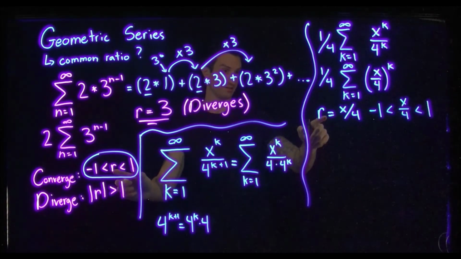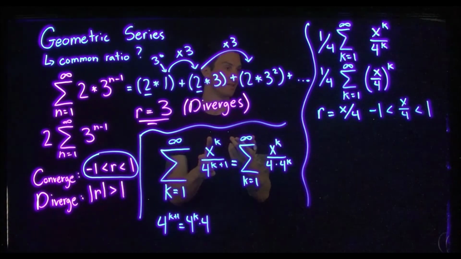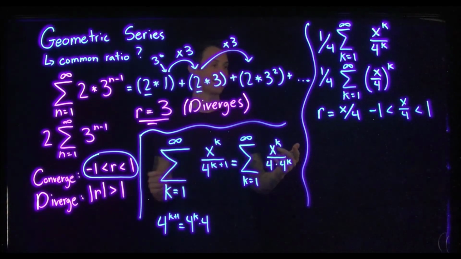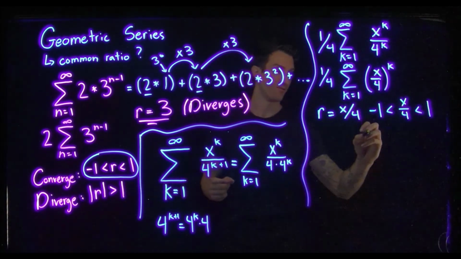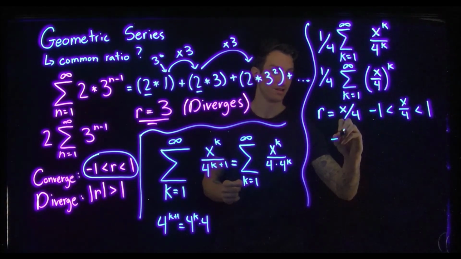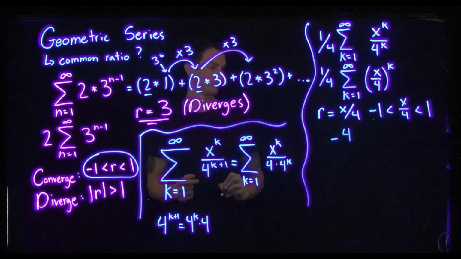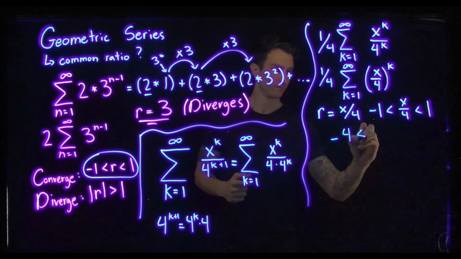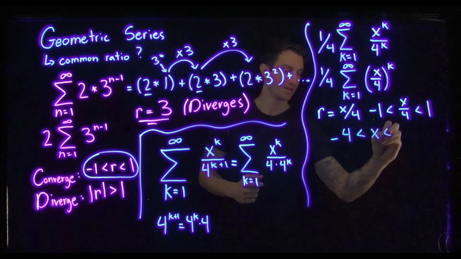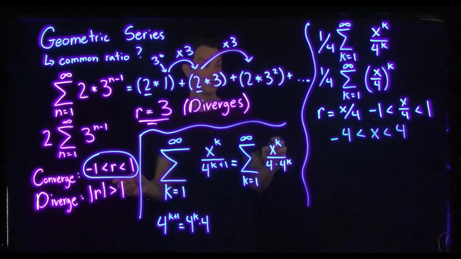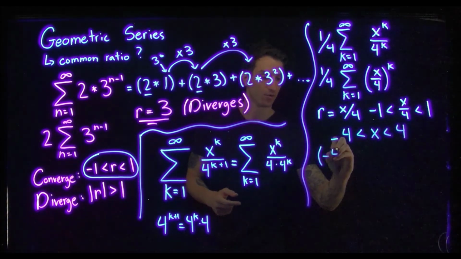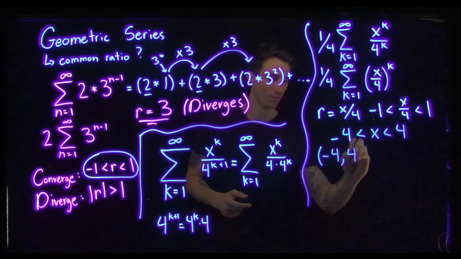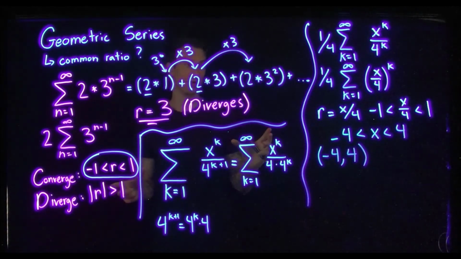This is r is equal to x over 4. I made the substitution, and now I can solve for x. How do I do that? I multiply both sides here by 4, and I end up with -4 < x < +4. So I know that I am going to converge on the interval from -4 to +4. This is where I know I will converge.